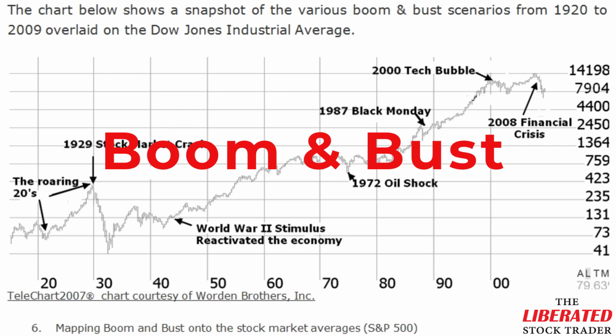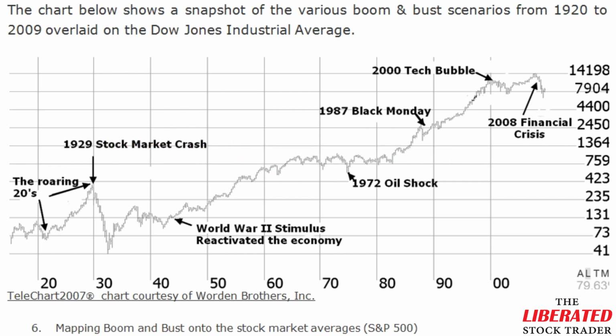This tends to result in various side effects ranging from a reduction in profits, earnings growth, increased unemployment, restriction of credit, and of course a strong change of psychology of the market participants from optimism and greed to pessimism and fear. The chart shows a snapshot of the various boom and bust scenarios from 1920 to 2009, overlaid on the Dow Jones Industrial Average.